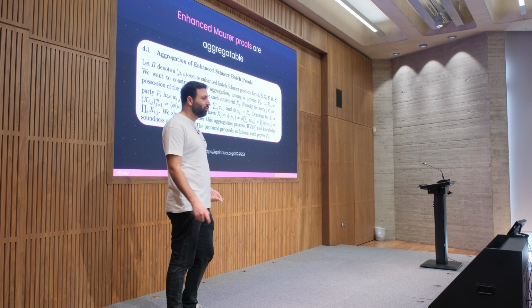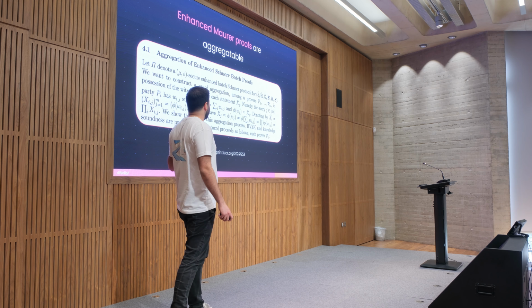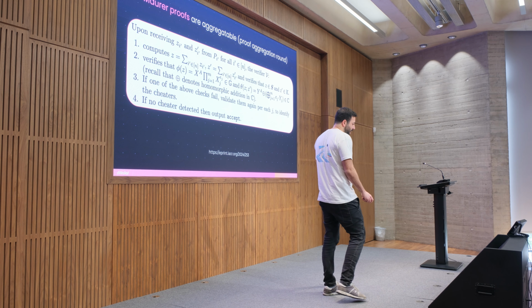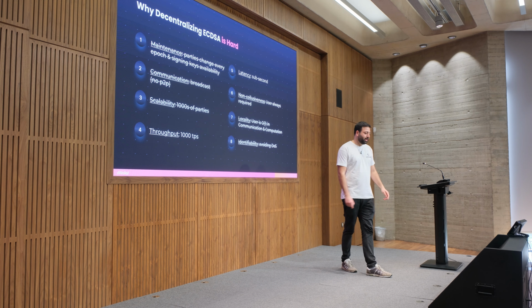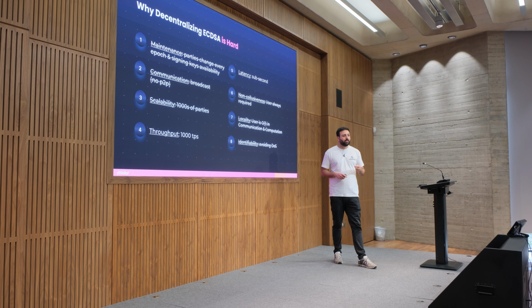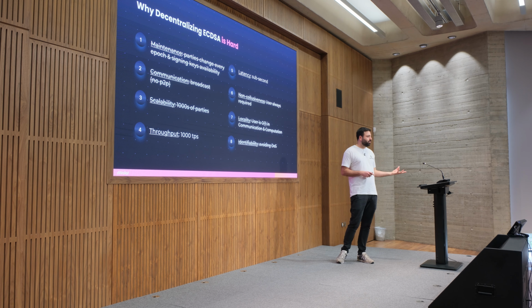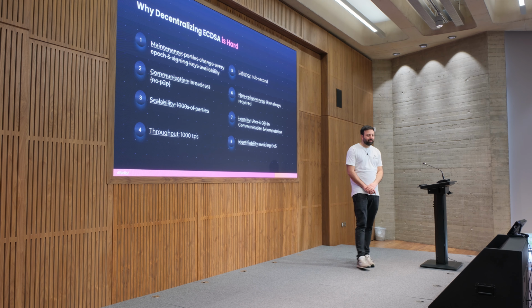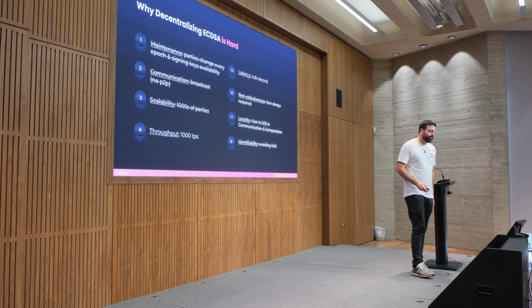And if your range proof is aggregatable, and hence Maurer proofs are aggregatable, I'm not going to describe how exactly, but the idea is that if you take an aggregatable proof scheme and you use proof aggregation in every place that every party used to send a proof, you can have a two-party computation emulated by a multi-party computation. And that could actually solve both non-collusiveness and locality. And it does solve that.